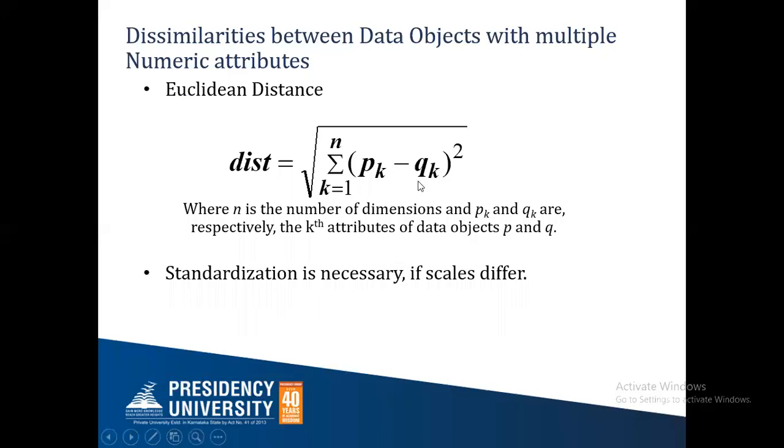So the distance can be calculated as square root of summation of k equal to 1 to n, pk minus qk whole square. So wherein n is the number of dimensions we have in the application, pk and qk are the kth attributes of these objects, p and q. So we substitute for these values and calculate the distance. We will see with example next.